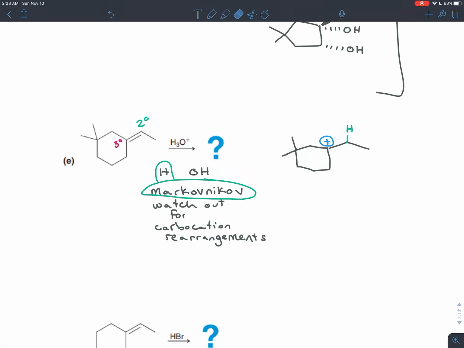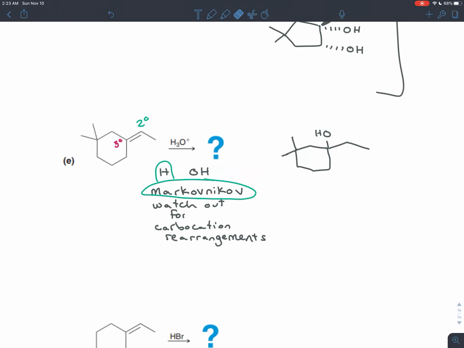The only thing more stable than a tertiary carbocation is an allylic carbocation, and we don't have a double bond in the molecule, so we can't have an allylic carbocation. So it's already in the most stable position it can be in, and so we don't have carbocation rearrangement. The OH will just add to this carbon here. Now we do have a chiral center here.